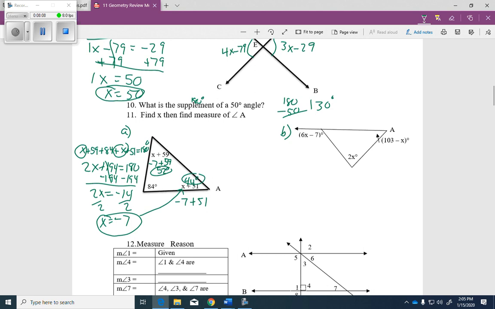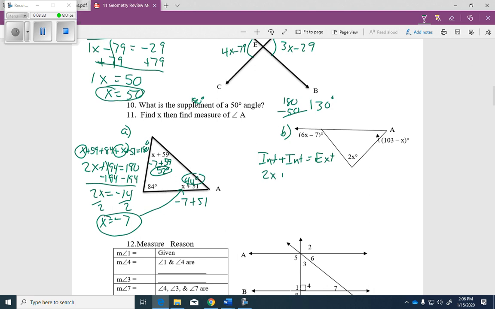And then on this other one, this is our latest fact that we learned. Remember, we learned that the sum of the 2 remote interior angles equals the exterior. As like a shortcut, we wrote interior plus interior equals exterior. Remember, the interior ones have to be far away from the exterior.